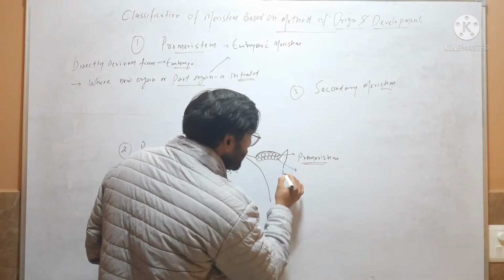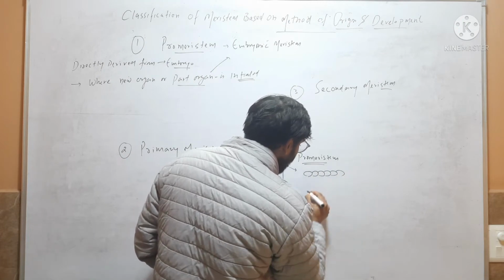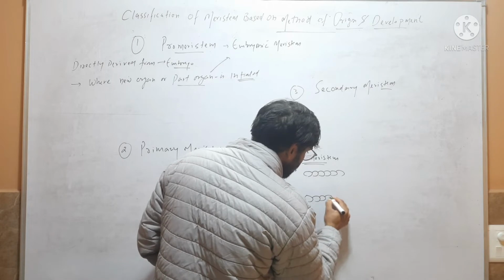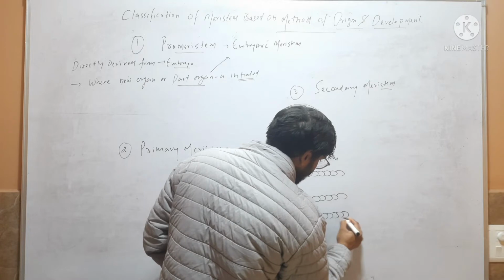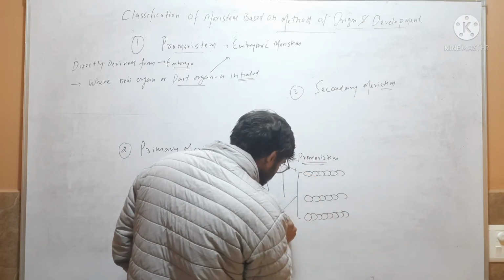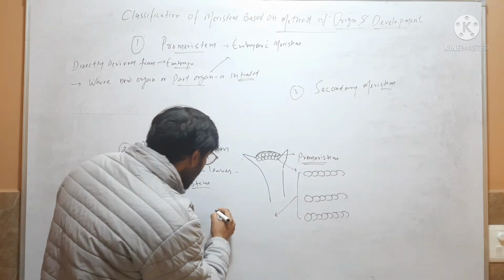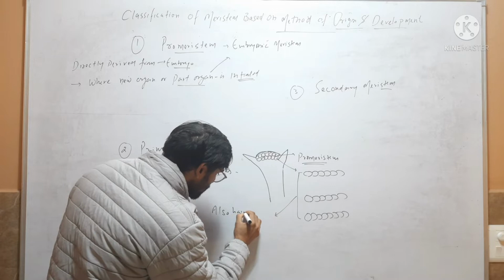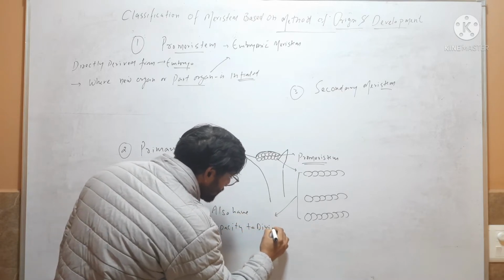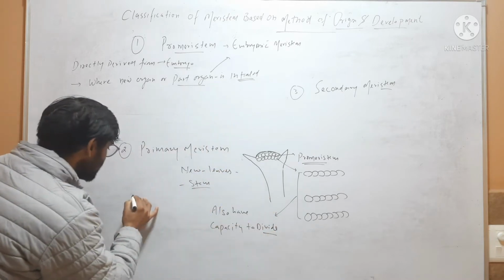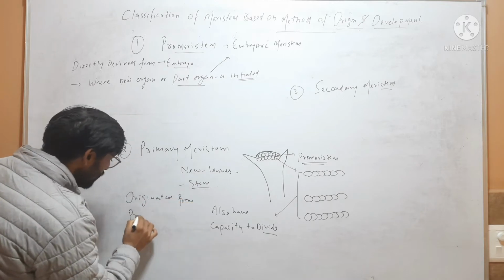These promeristem further divides and forms group of layers or group of cells. Suppose it forms three groups of cells by dividing. These three layers, 1, 2 and 3, also have capacity to divide, but they originated from promeristem.